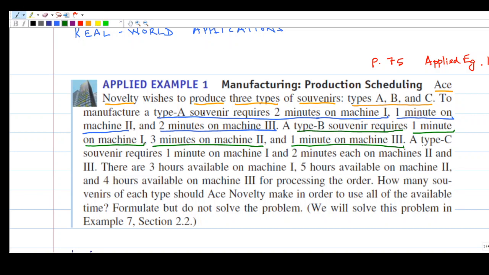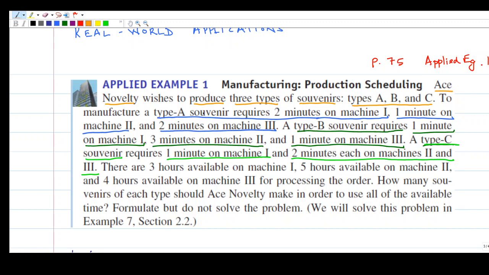A type C souvenir requires 1 minute on machine 1, 2 minutes on each of machines 2 and 3.